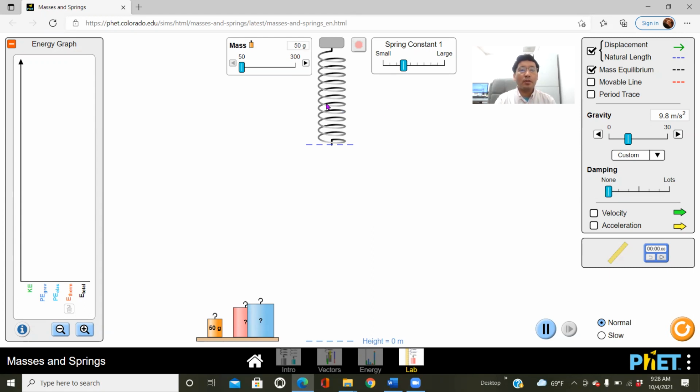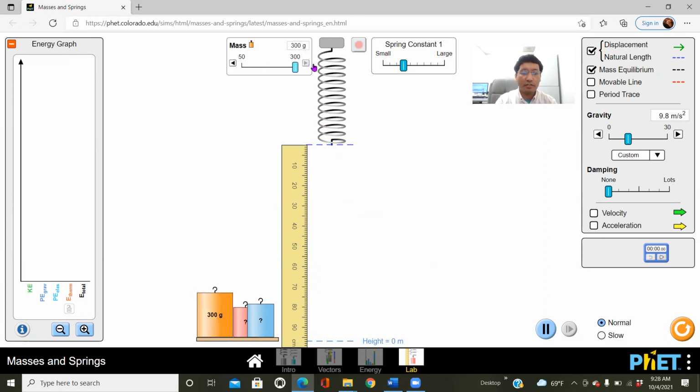So here is the mass, and here is the length measurement system. You can bring it here and align it somewhere here, so that we can measure the extension, that is the length of the displacement of this spring. Moving this cursor will change the mass.